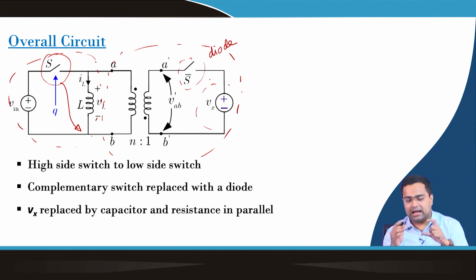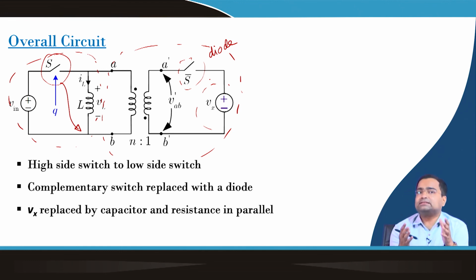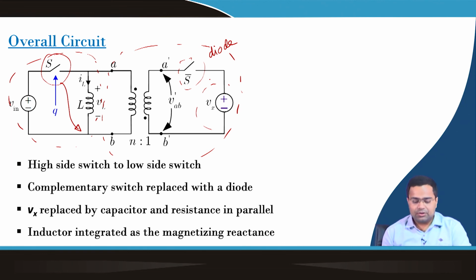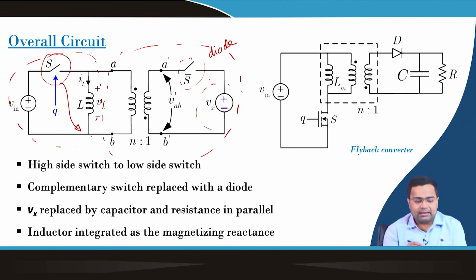The capacitor will act like a filter, and the resistance is the load resistance. And this inductor can be realized as an integral part of the transformer, which is the magnetizing reactance. So this actually represents the flyback converter.